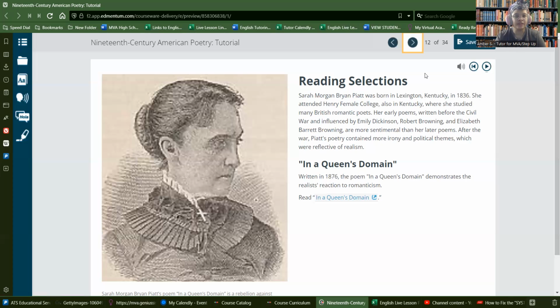And then it says that Piatt's poetry contained more irony and political themes, which were reflective of realism. So realism is the movement that was a response to romanticism. And I believe we've covered that in previous lessons, but just as a refresher, realism was the response to romantics.